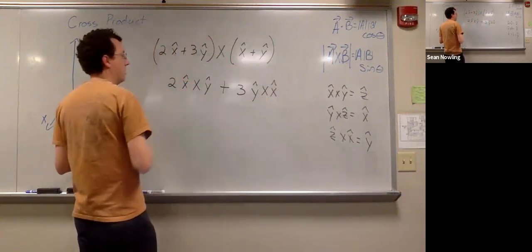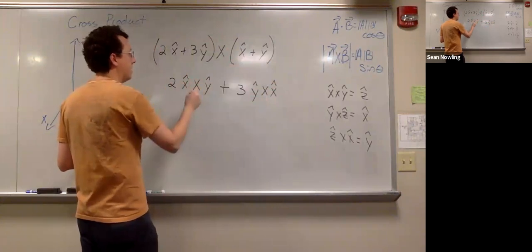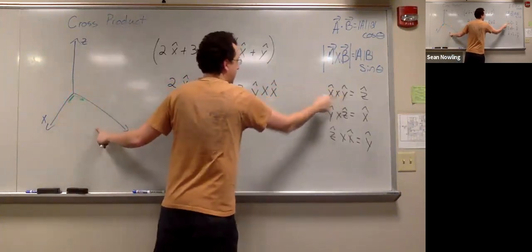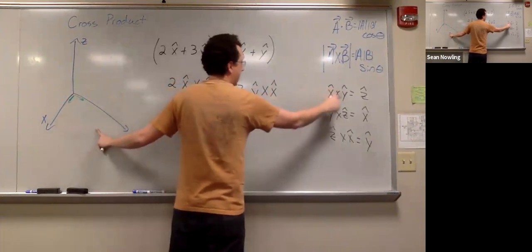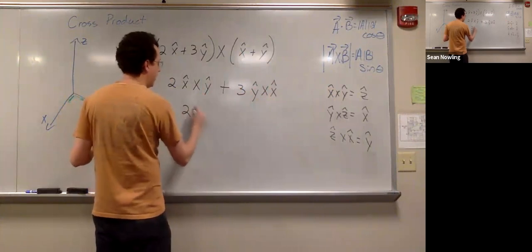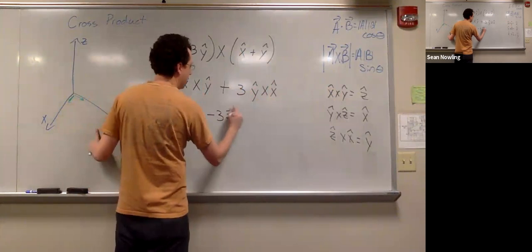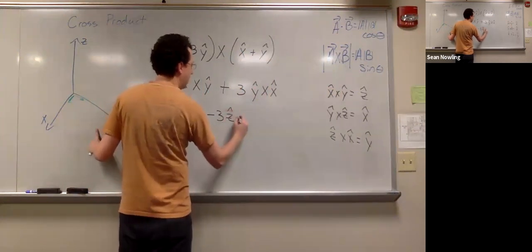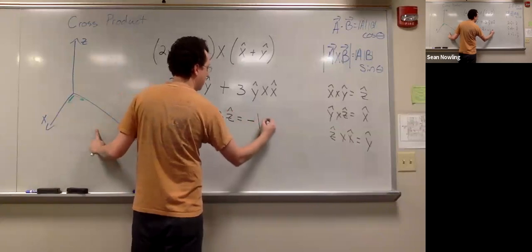Done. Okay? Good. X hat cross y hat gives me z hat. Y hat cross x hat gives me negative z hat. So this becomes 2z hat minus 3z hat, which equals negative 1 times z hat, or minus z hat.